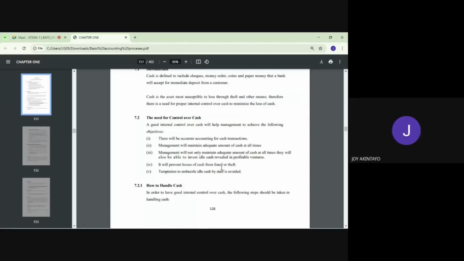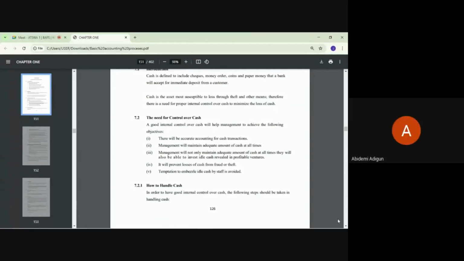Another benefit of control over cash is that it will enable management to avoid the temptation of embezzling idle cash, especially by the staff.